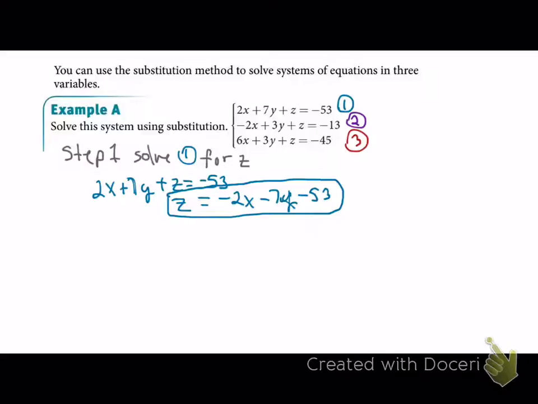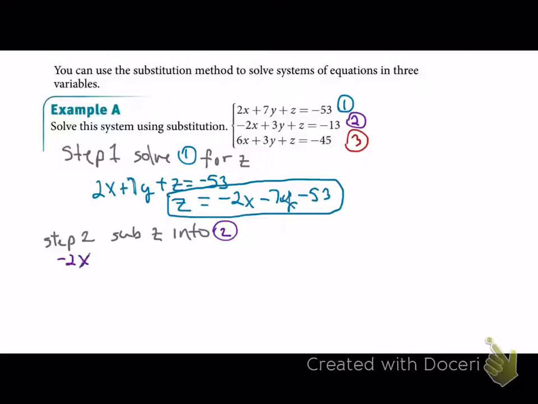Okay, step 2. Hold on, my pencil broke. Okay. Step 2, we are going to sub our z into the second equation. So we're going to sub z into equation 2. So I'm going to go ahead and just rewrite it so we can reference back to it.